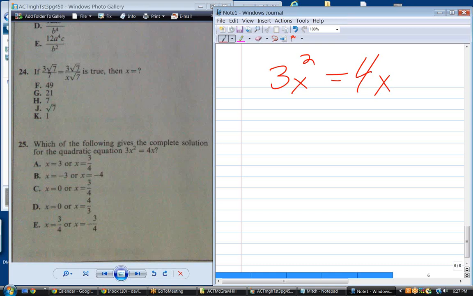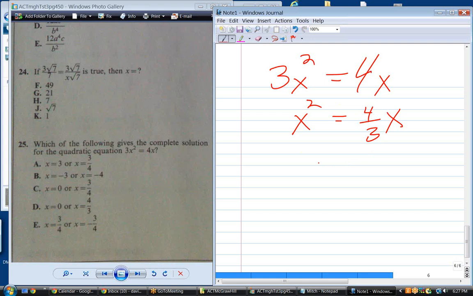Could you take the square root of both sides? With that, I don't want to do it before I get rid of this 3. So first, if I divide both sides by 3, then I can do it. In other words, that gives me 4/3 x. And now I can take the square root of both sides. But notice the problem.